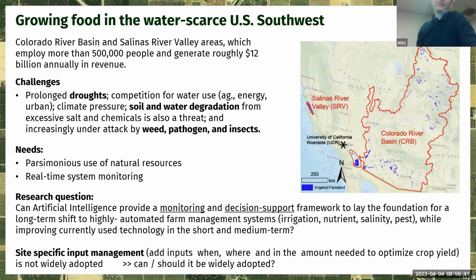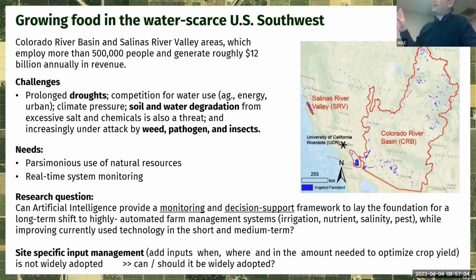So with this project, we're focusing on the irrigated land of the Colorado River Basin, as well as some selected areas in California, which are very important because they employ nowadays 500,000 people and produce quite a bit of revenue for the nation. But we are challenged by prolonged droughts, competition for water use, soil and water degradation, and then new pressure by weeds, pathogens, and insects.